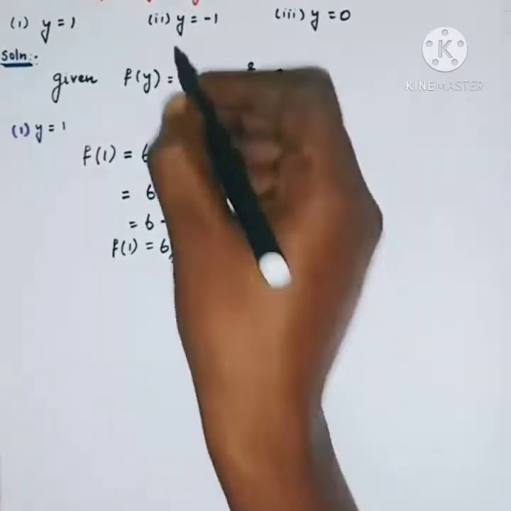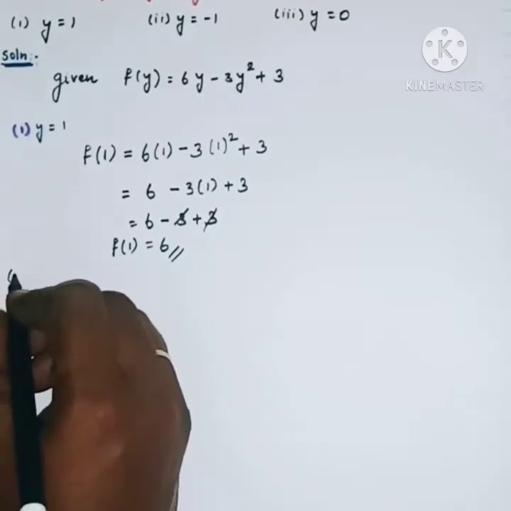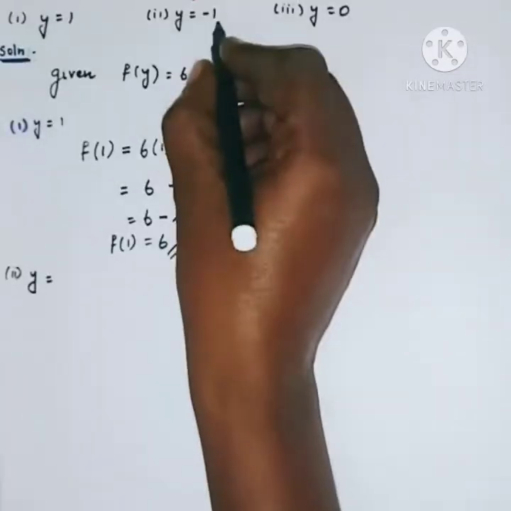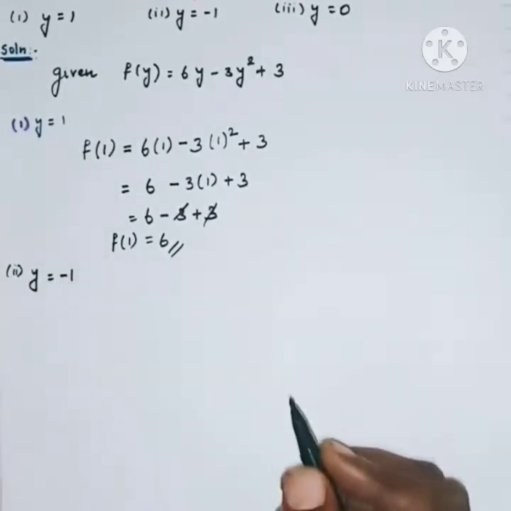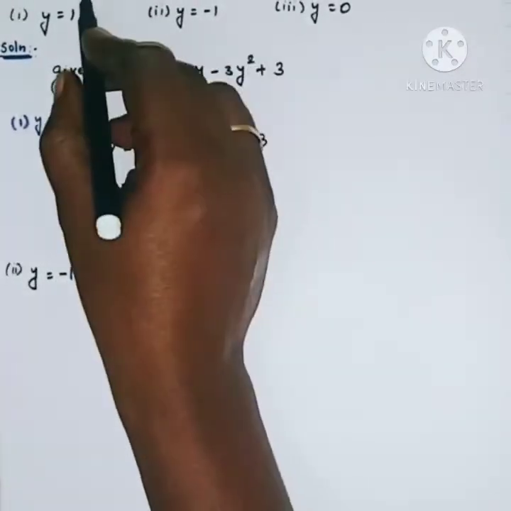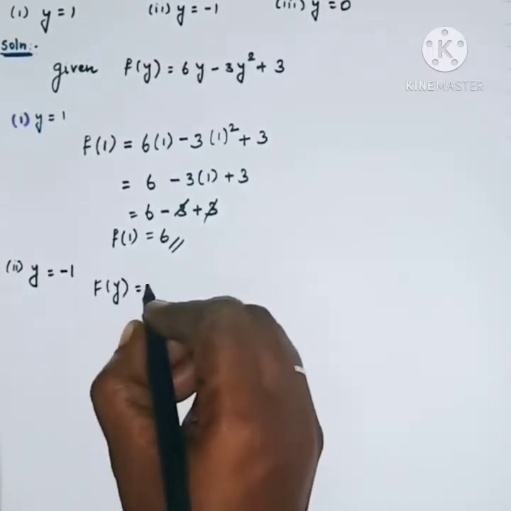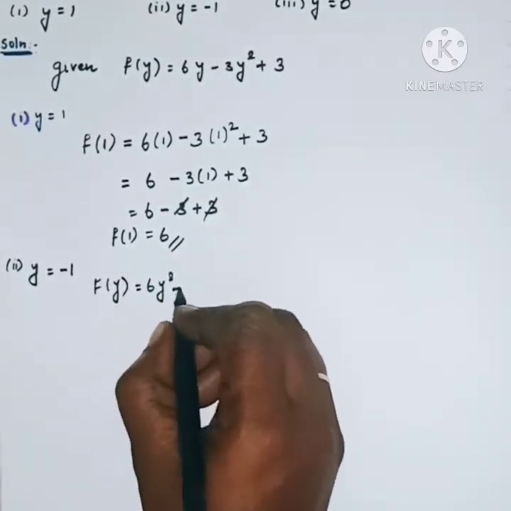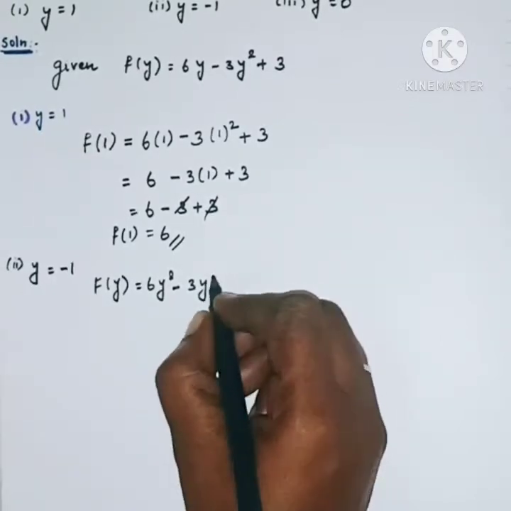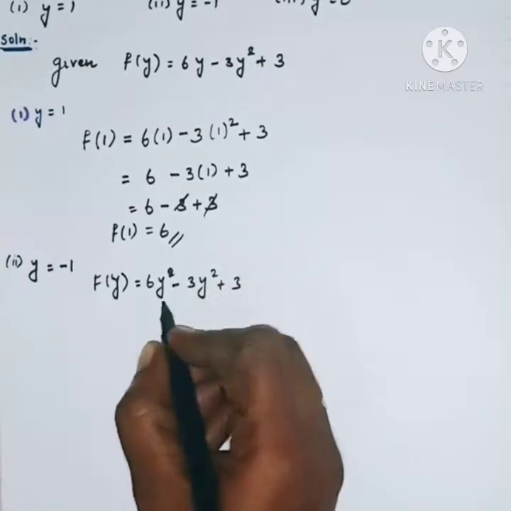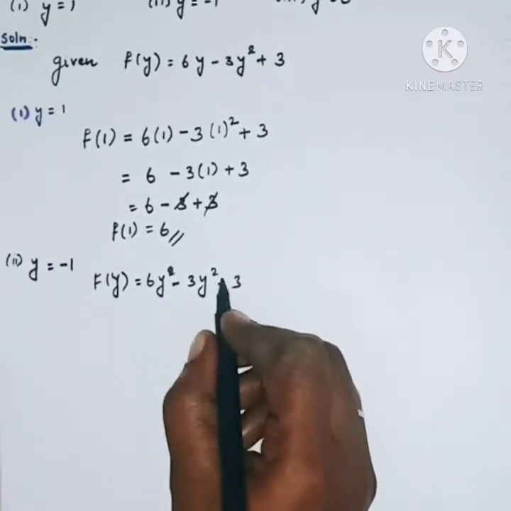Now the second subdivision is y is equal to minus 1. Given y is equal to minus 1. So in this polynomial, f of y is equal to 6y minus 3y square plus 3.